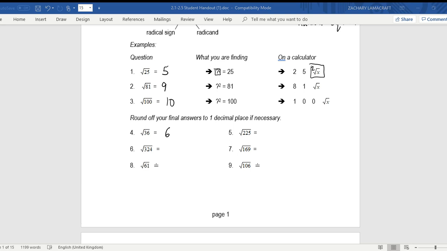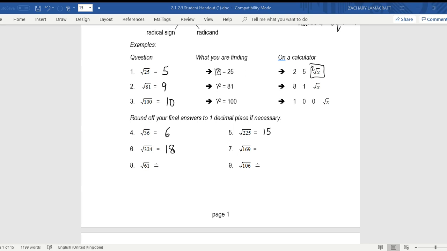Does anybody want to write in the chat what the next one would be? Square root of 225. Square root of 225. Thank you, Carson. I think you guys were looking at question 6 there, so it is 15. And then the square root of 324 is 18.